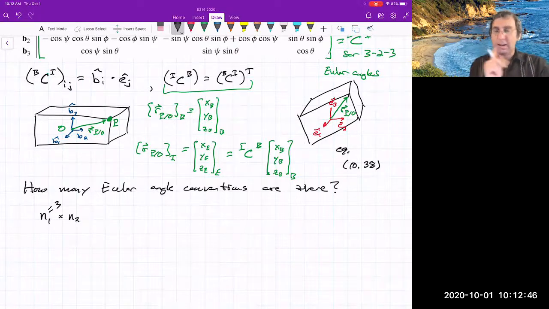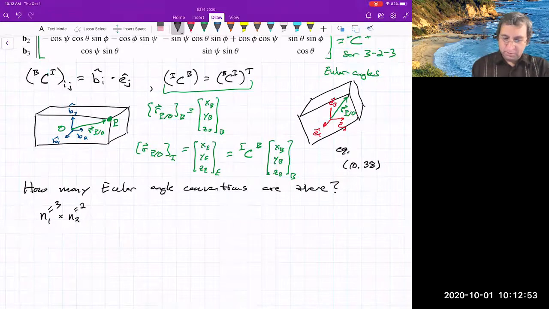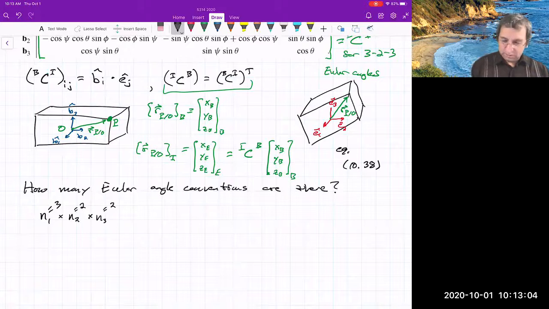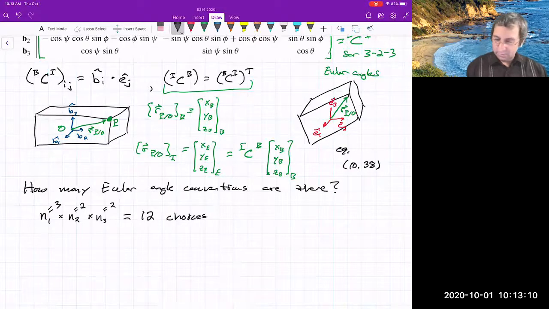Well, you can't choose the same one as you used before. So 1 drops out and you only have a choice of 2. And then what about the third rotation? Well, you can't use the one you used for the second rotation. You got to use one of the other 2. So this is also a 2. So this means 3 times 2 times 2. There are 12 choices of Euler angle convention.